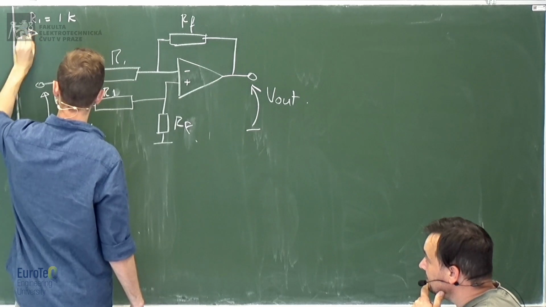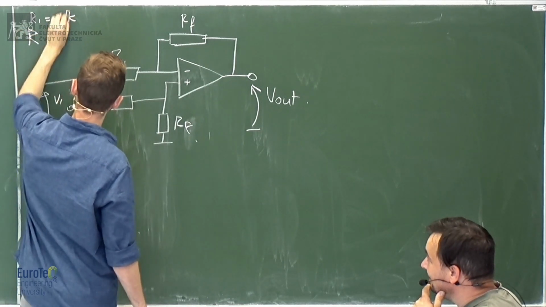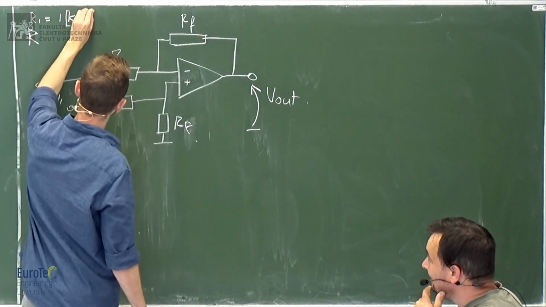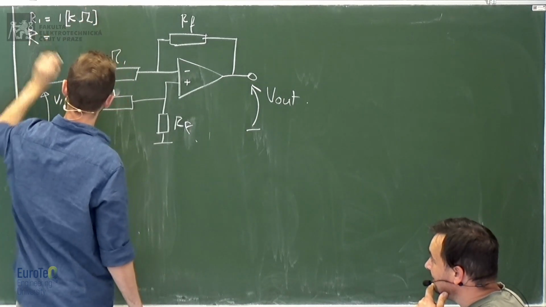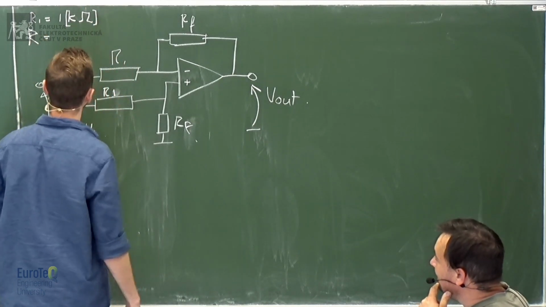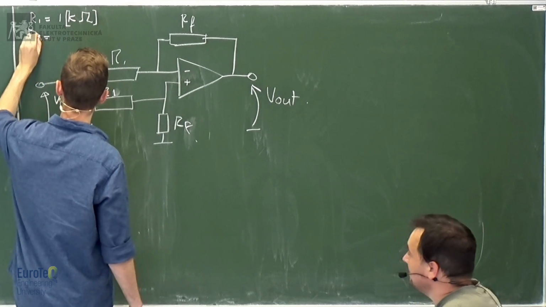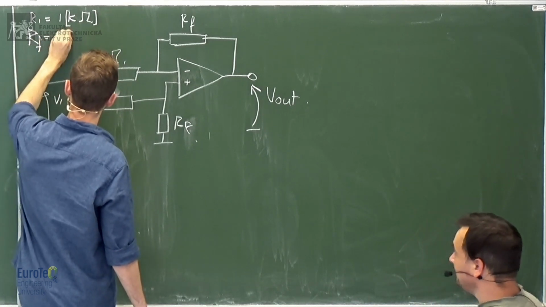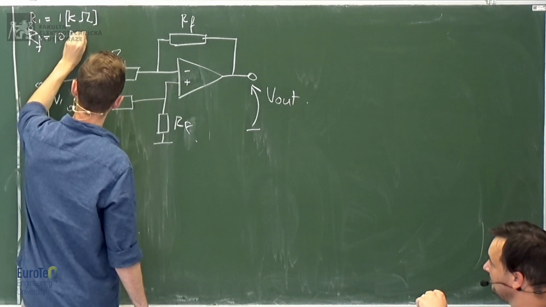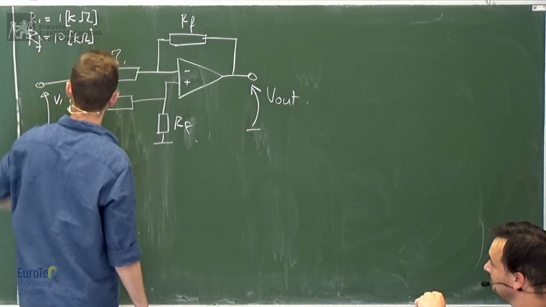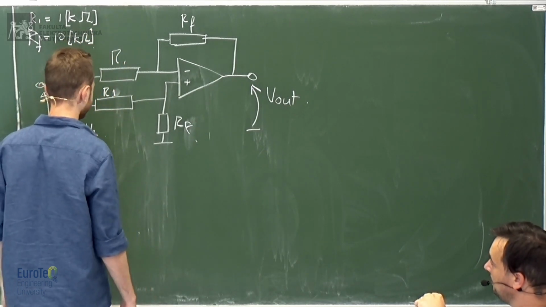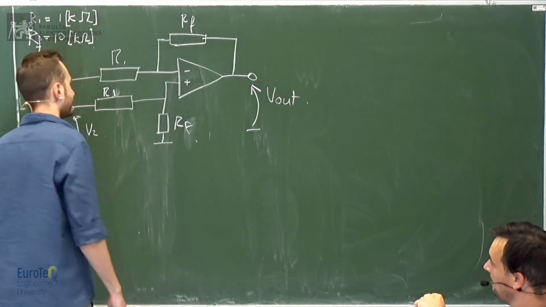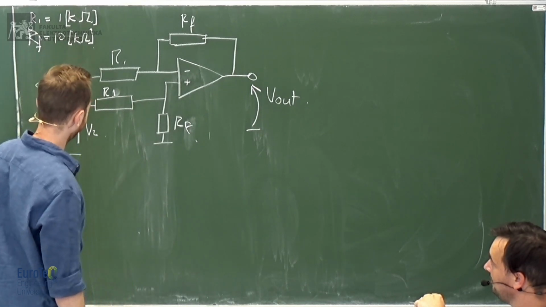Ohms, fair enough. And let's say RF is 10 kilo ohms. Fine. So let's solve this circuit.